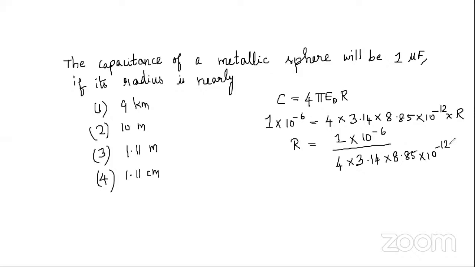So 4 into 3.14 into 8.85. So what is the value of that? This is 1 into 10 power minus 6 divided by 111.156.